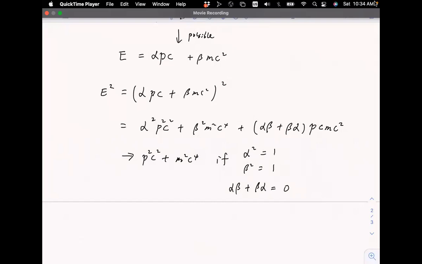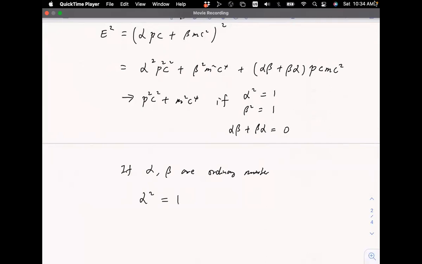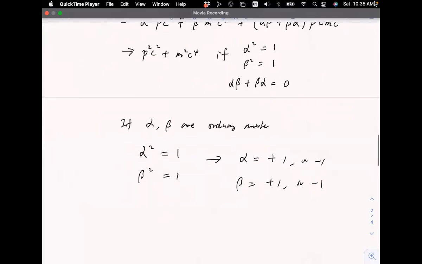Okay, but you know that this will never work if you just simply use numbers. There's no ordinary number that can satisfy this. I mean, you can already see that if it is an ordinary number, this one will give you alpha equal to +1 or -1, beta equal to +1 or -1.